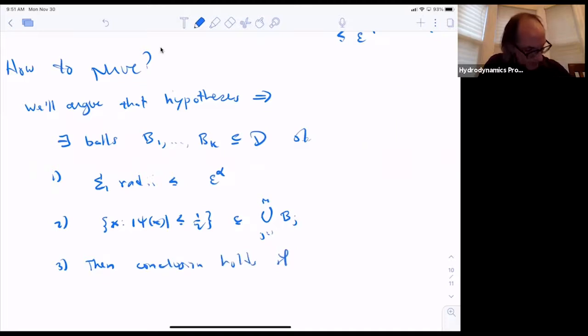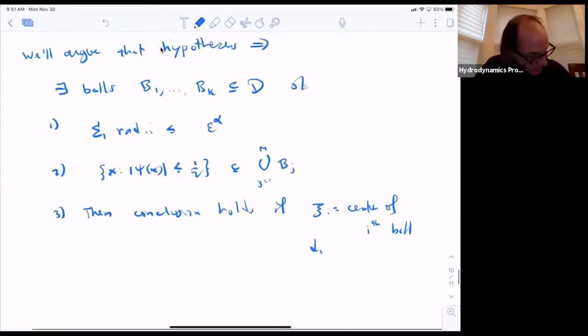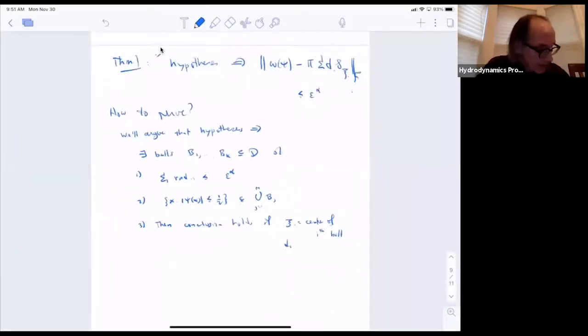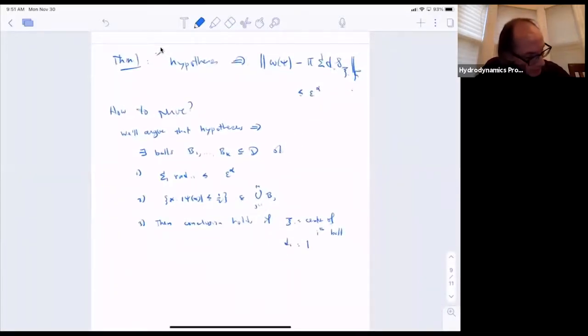If x_i is the center of the ith ball, and d_i, looking up here at these things, d_i is the degree or the winding number of psi on the ith ball.